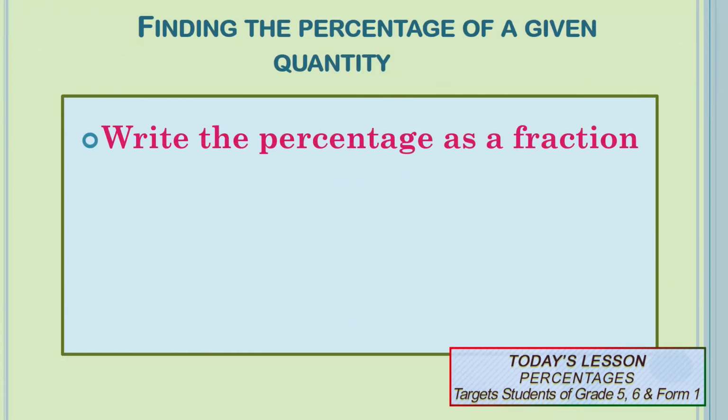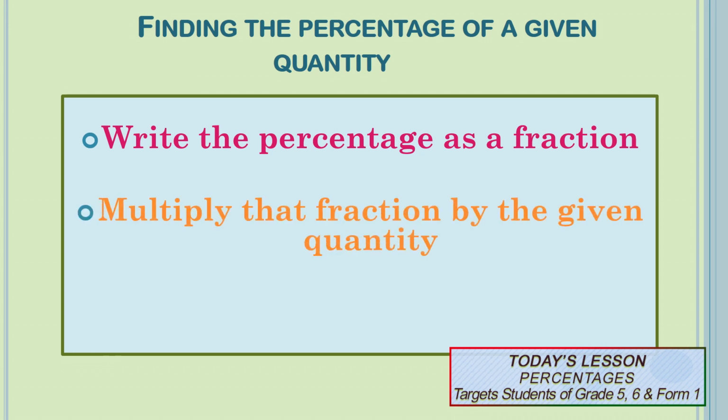Now, in order to find a percentage of a given quantity, there are a number of steps we should do. Let's look at the screen. The first thing you should be able to do is write the percentage as a fraction. The second thing you'll do is multiply the fraction by the given quantity.